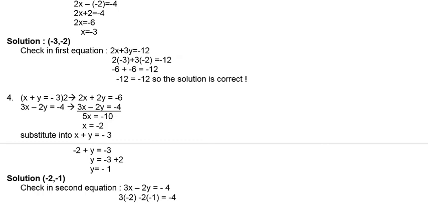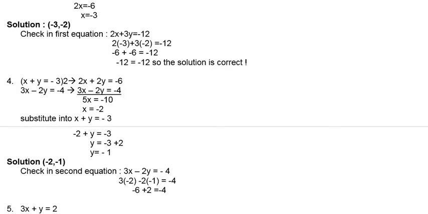So let's see if that works out. So negative 6, and then we have a negative times a negative, so we get positive 2. And negative 6 plus 2 does in fact give us minus 4, so our solution is correct.